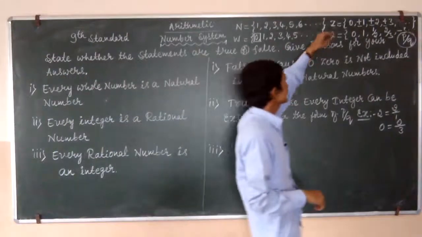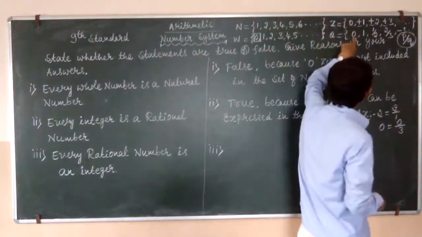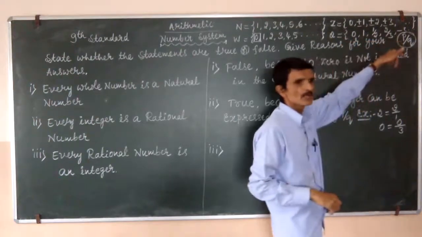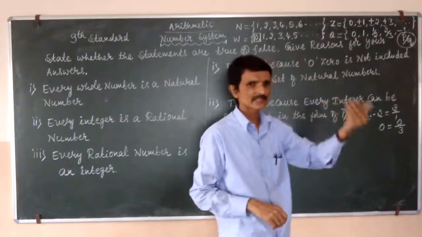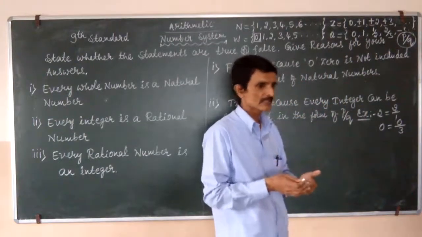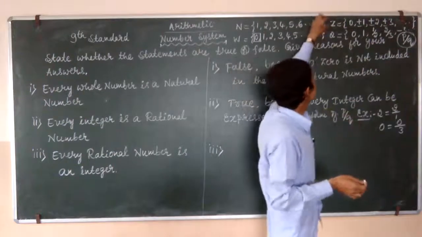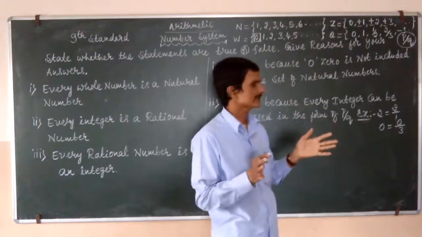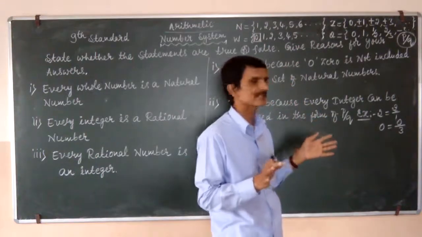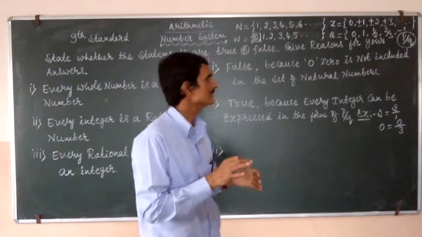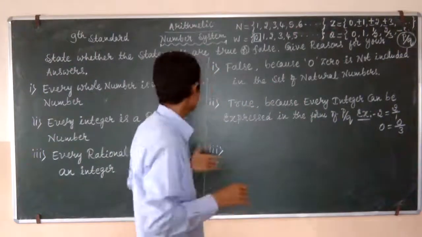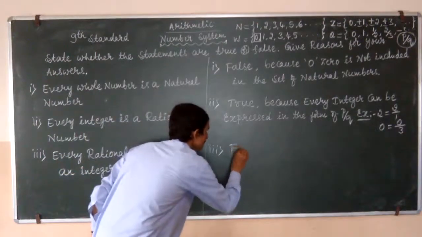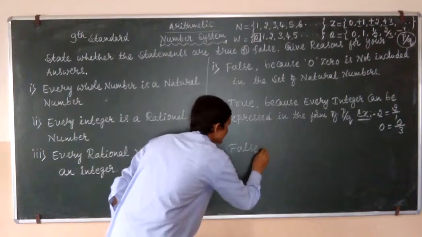The set of rational numbers is in the form of p by q, or the numbers can be expressed in the form of p by q, whereas integers have only positive and negative numbers including 0, but they cannot be expressed in the form of p by q. Therefore, we can say that the third statement is false.